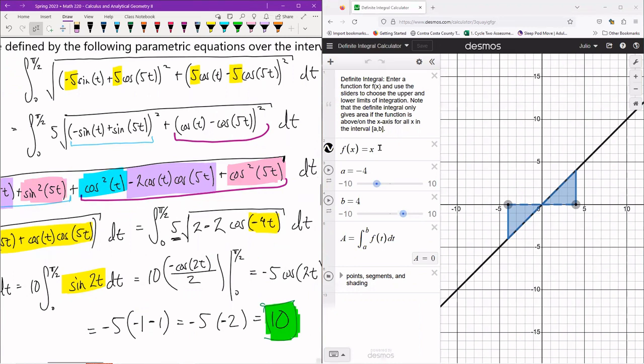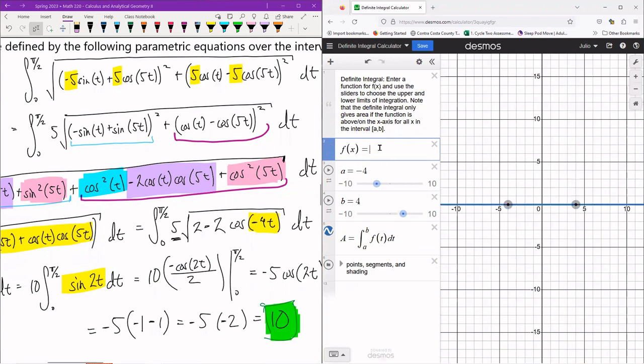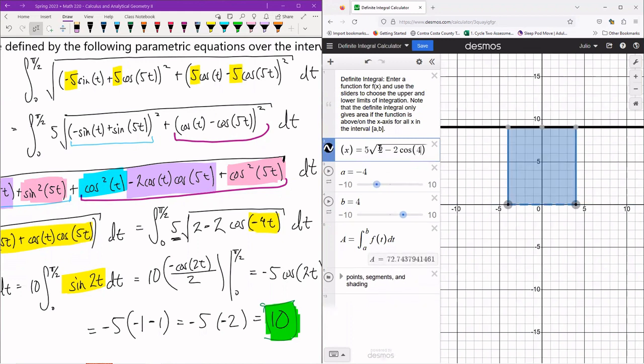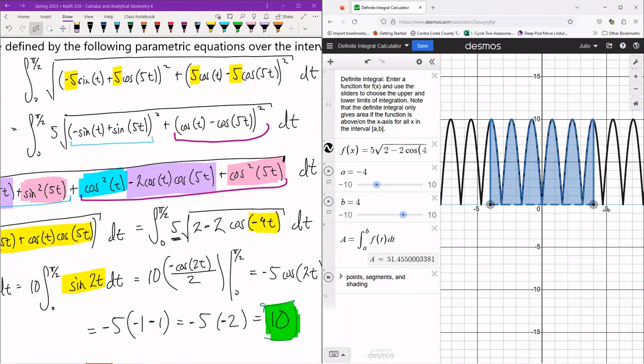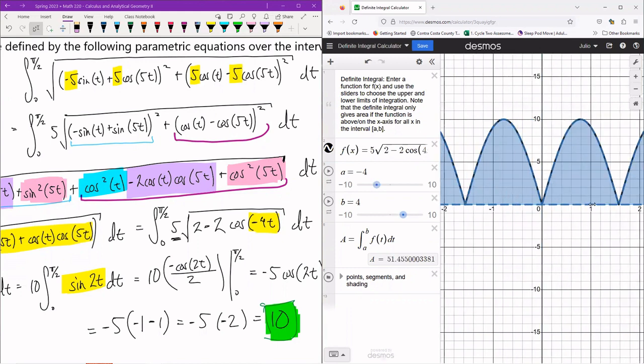So let's actually, you know what, let's go ahead and put in 5 square root, right? 2 minus 2 cosine of 4x, right? There we go.